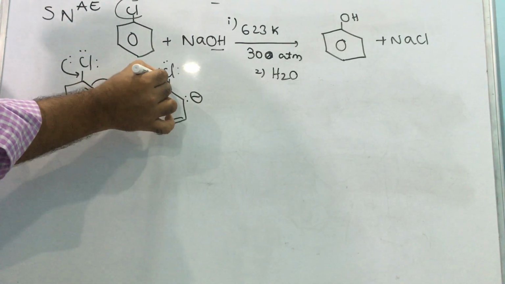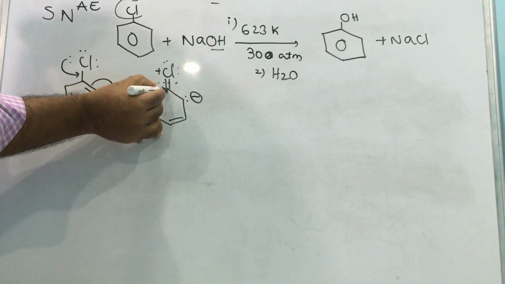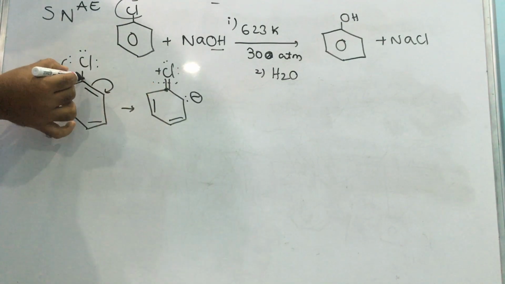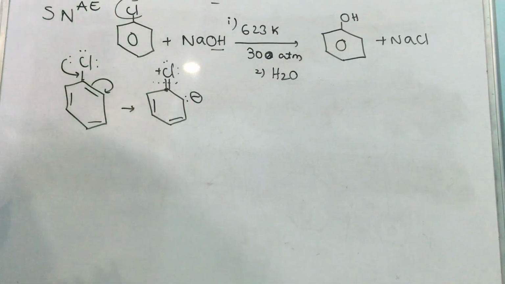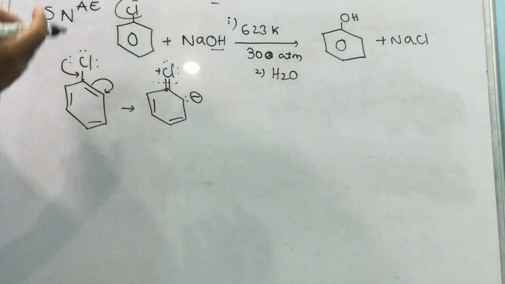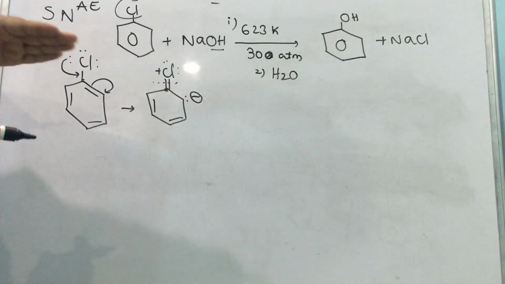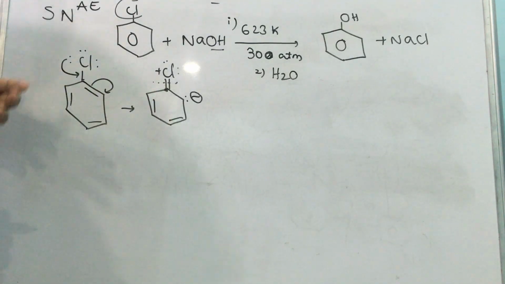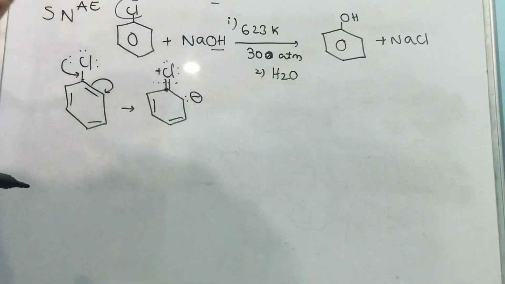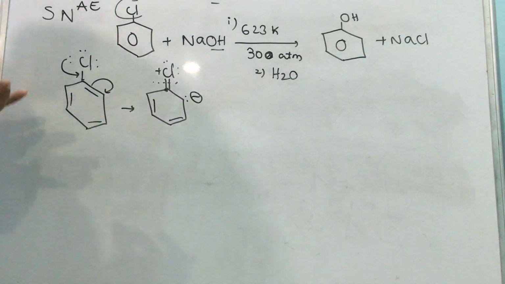This bond breaking is difficult, and it is sp2 carbon. This is also sp2 carbon. Carbon having a double bond means it is sp2 carbon. Bond length is decreased, and when bond length decreases, it is not easy to break. Therefore, chlorine, fluorine, bromine or iodine directly present on the benzene ring is difficult to leave.